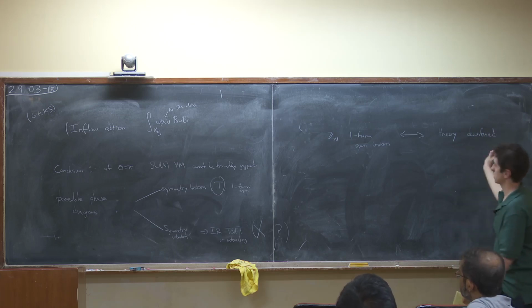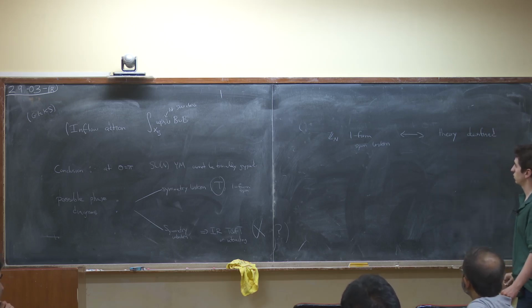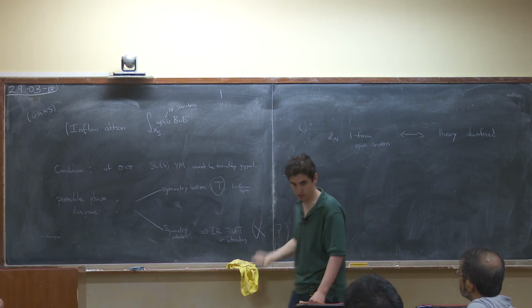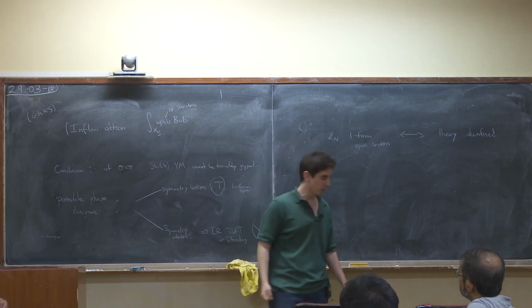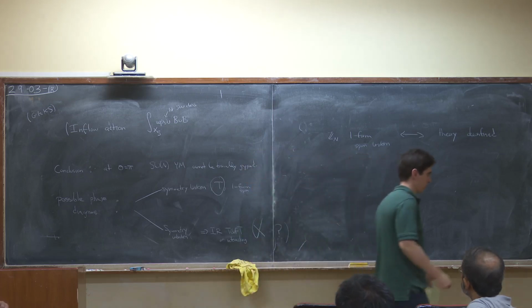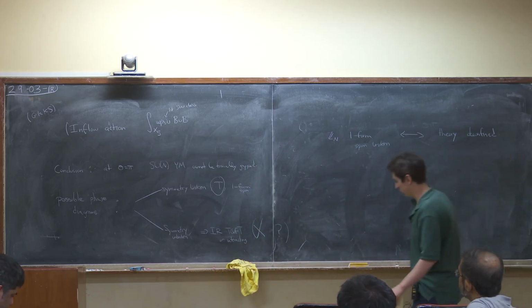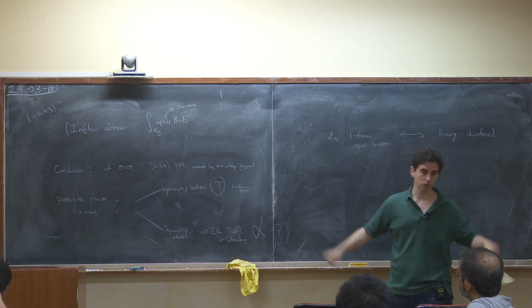Why is this statement true? Well, remember that the charged objects are Wilson lines, and a symmetry is spontaneously broken if a charged object has an expectation value. So imagine a large Wilson loop.